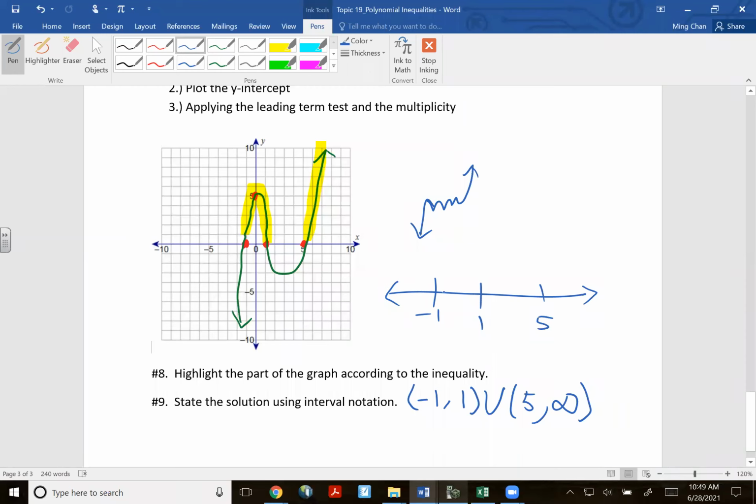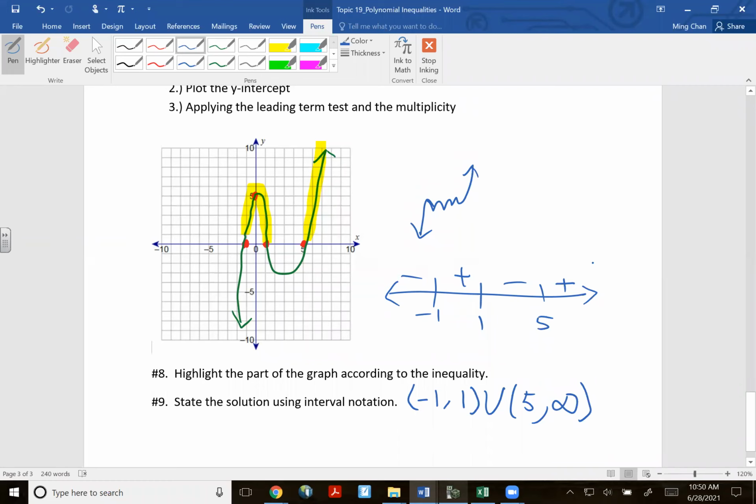What this number line is literally telling you is what we just graphed, because the part that will give you a positive y value is the part that's above the x-axis. To the right of 5 and between -1 and 1, the y value will be greater than 0, which is above the x-axis. Therefore, the y values are positive. Everywhere else is negative.